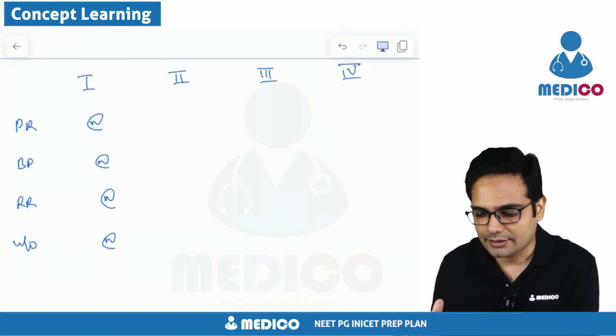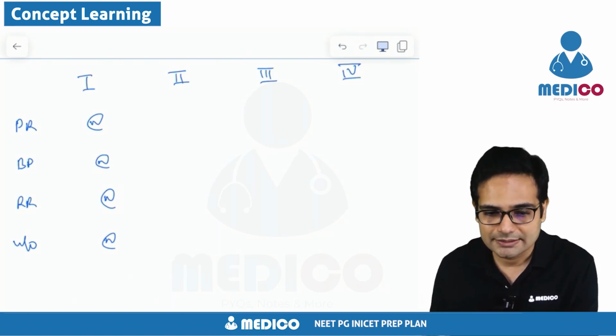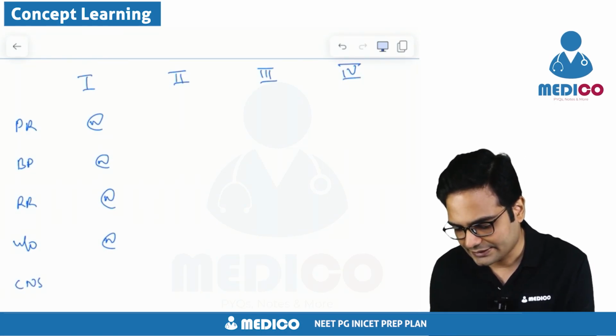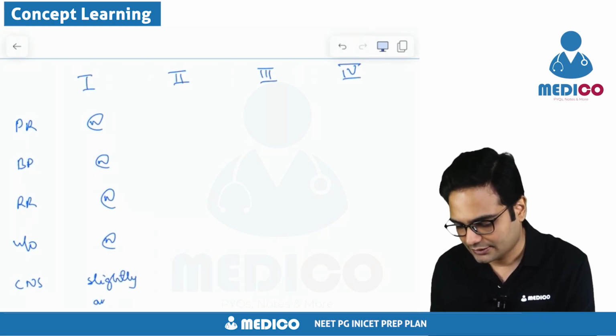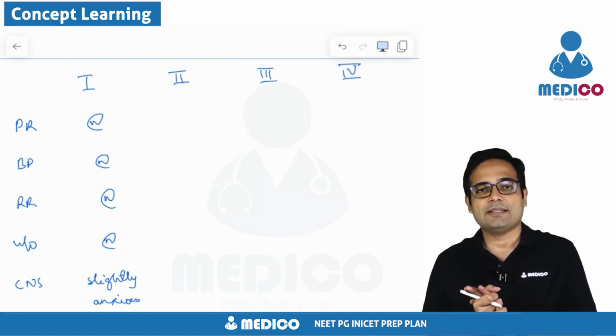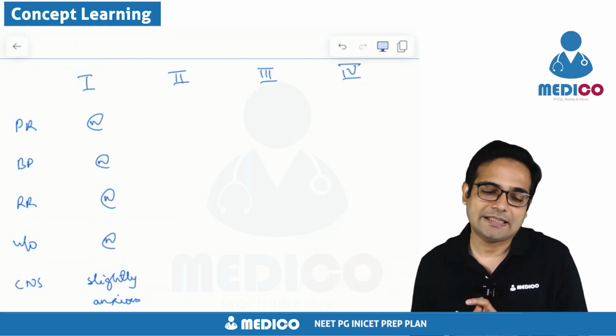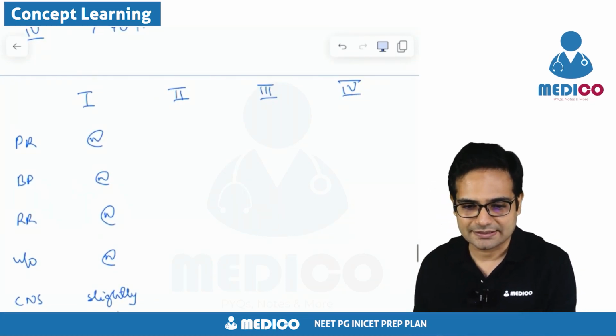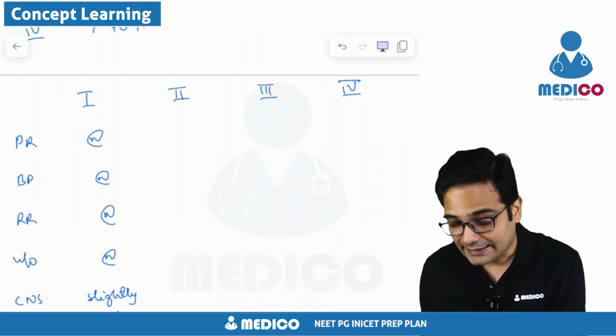Some change will happen, right? A person is donating so much blood. If you look at the CNS, central nervous system, the patient is slightly anxious. This is not significant enough for it to cause a person not to donate that much amount of blood.